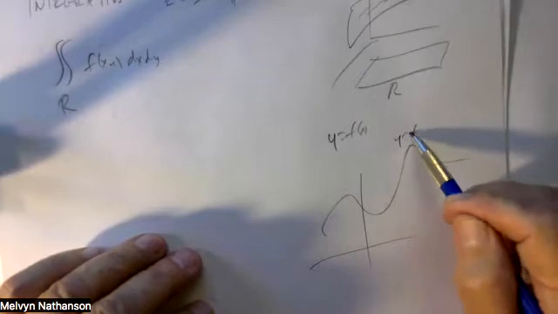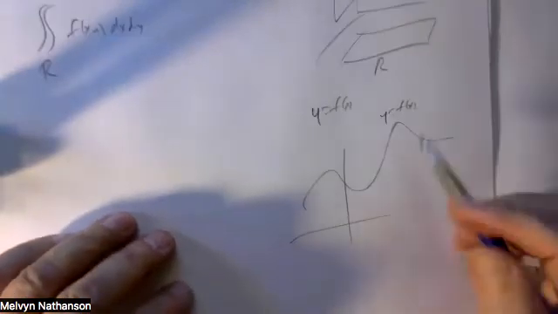And we can begin by recalling how we did an integral for a function of one variable and how we motivated it. So if we have y equals f of x, this is the graph of the function. It's a curve in the plane.